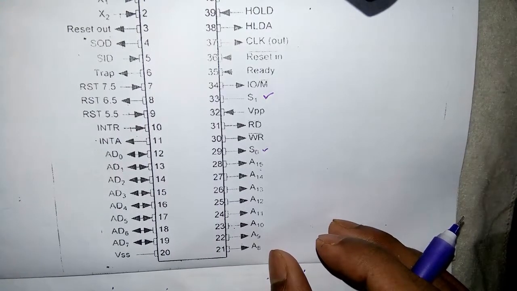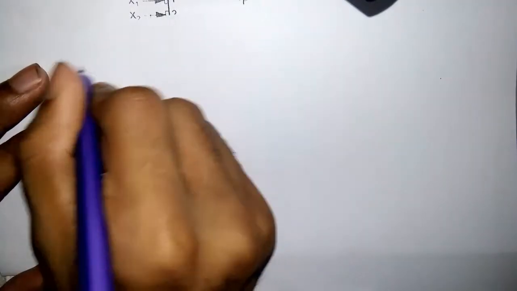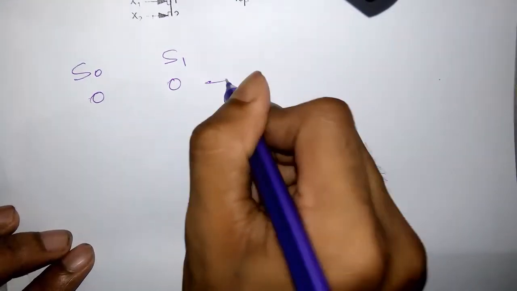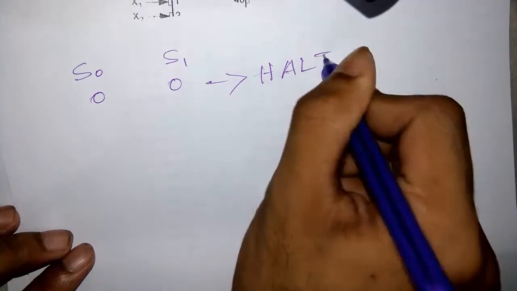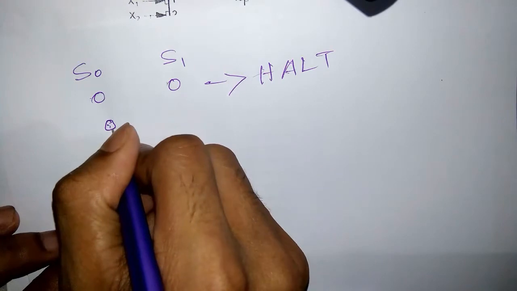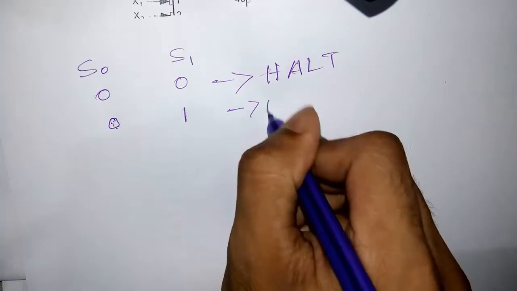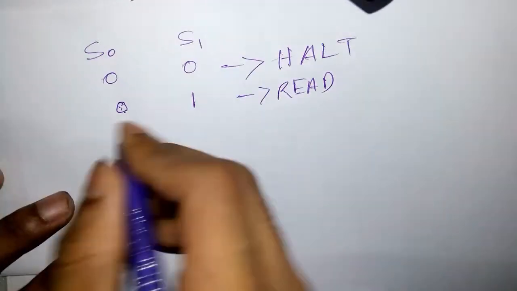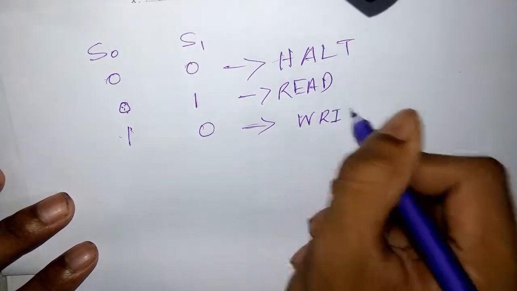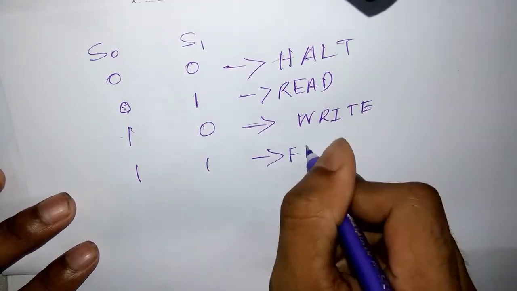When both S0 and S1 are 0, then the processor halts. When S0 is 0 and S1 is 1, then the processor reads. Next, 1 0 means the processor writes, and 1 1 is fetch.